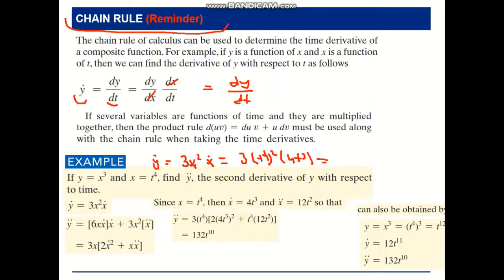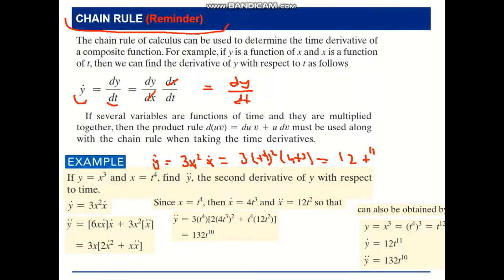So if we take 3 multiplied by 4, it's going to be 12, and t to the power of 4 multiplied by t cubed, t to the power of 8, and we have also here t squared, so we will end up with 12 t to the 11, I guess, right?